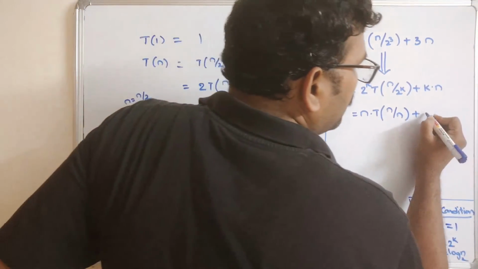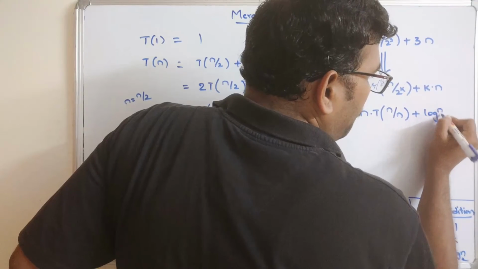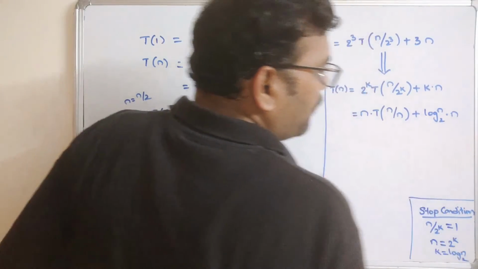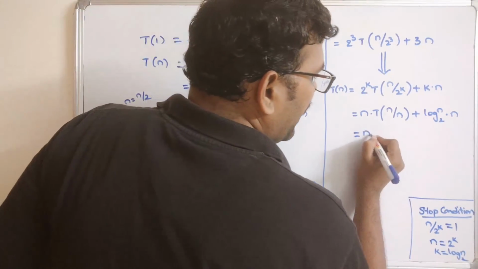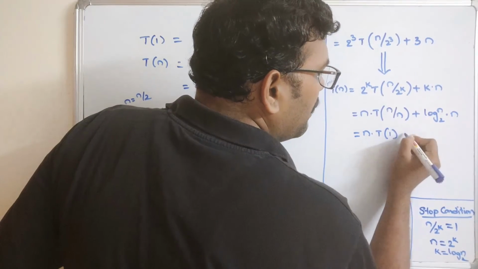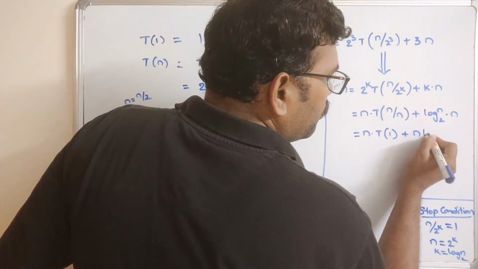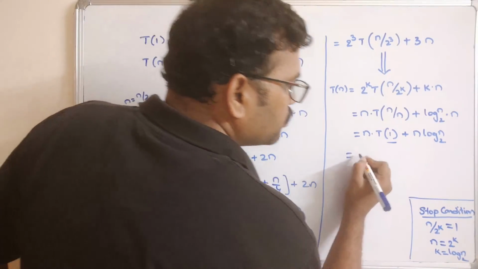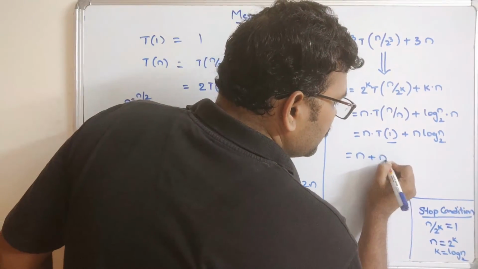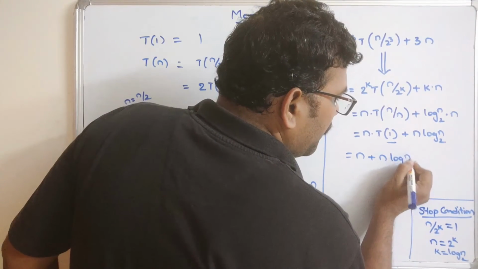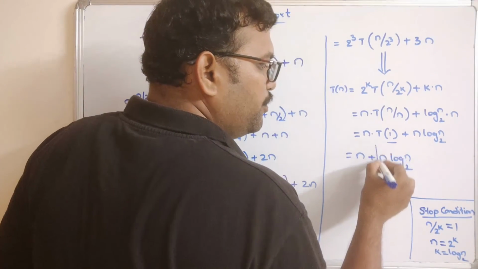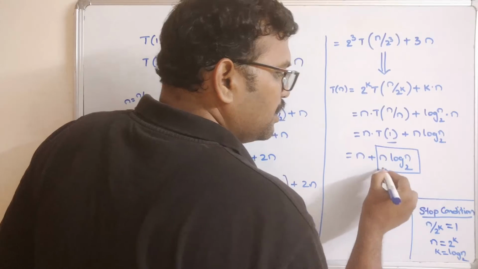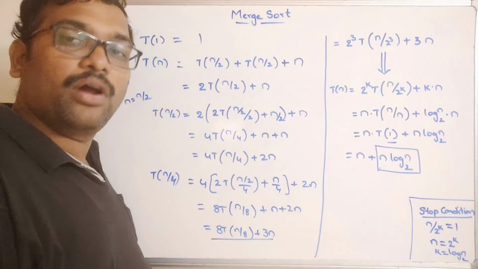Log n base 2, into n. So this will be n into T of 1 plus n into log n base 2. And T of 1 becomes 1. So that will be n plus n log n base 2. And obviously you can see the highest degree is n into log n base 2.